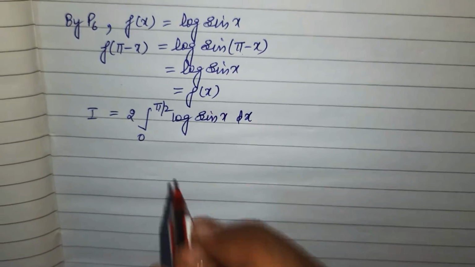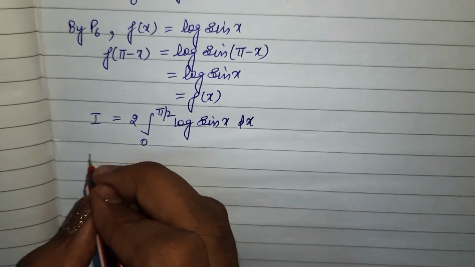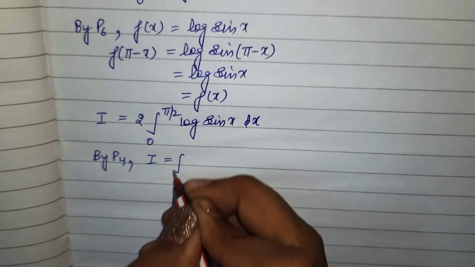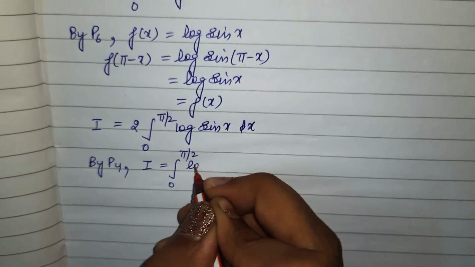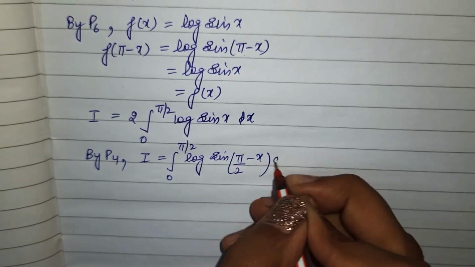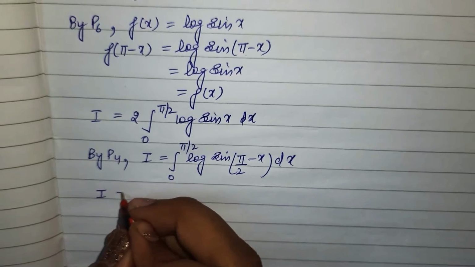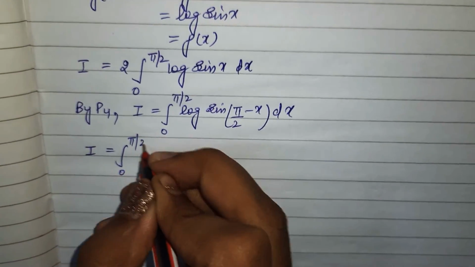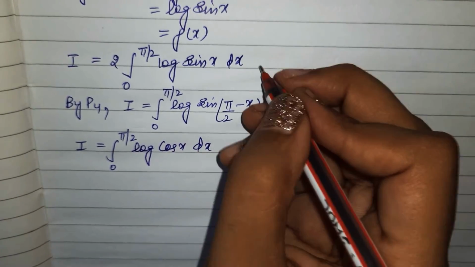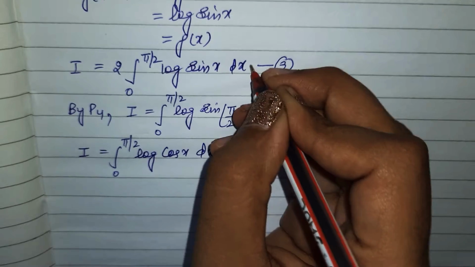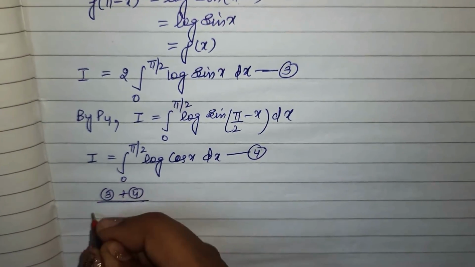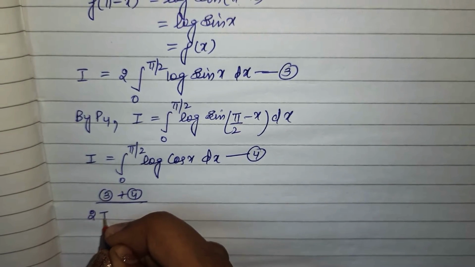Now what I need to do: after getting this, apply P4 again. By P4, I am getting I as the integral from 0 to pi by 2 of log of sine of 90 minus x dx. So I am getting the integral from 0 to pi by 2 of log of cos x dx. Now mark it as 3 and mark it as 4. So 3 plus 4 will give you 2I.